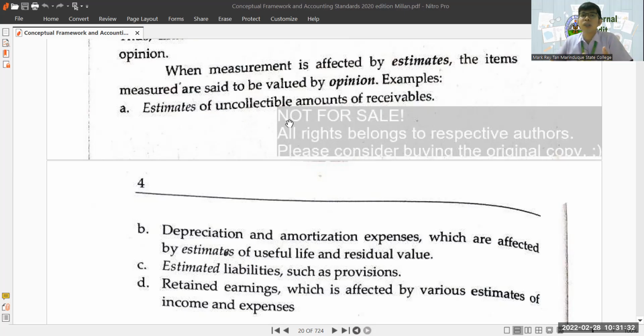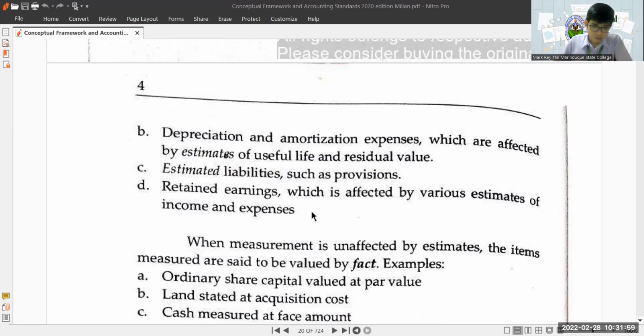So, ibig sabihin, yun yung mga amounts na hindi siya as is nakalagay. Ini-estimate lang. Yun. So, ito yung mga sinasabing estimates. Opinion siya, in a sense, pero syempre, hindi ito opinion lang na mga hearsay lang, mga walang masyadong credibility. Okay? Alright, let's proceed. That's it.